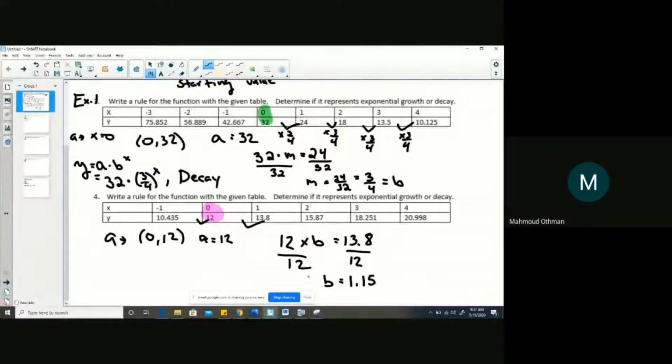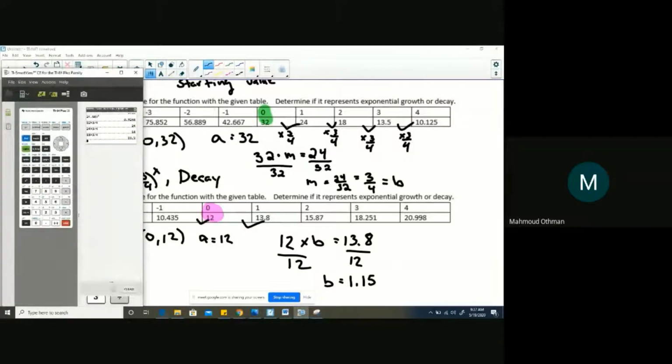If I was to take a calculator like this, it would show me that this would be the pattern. 12 times 1.15 gives me 13.8. 13.8 times 1.15 would give me 15.87. 15.87 times 1.15, and I get 18.